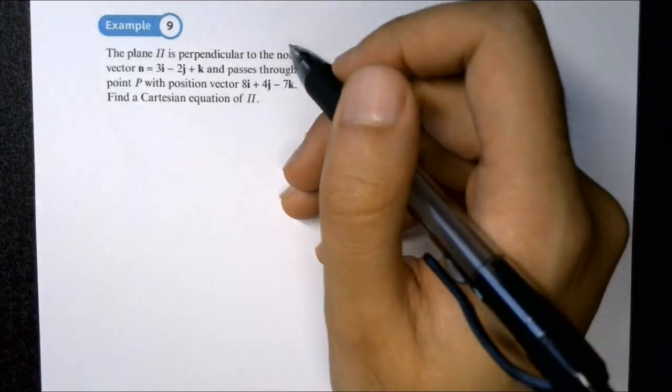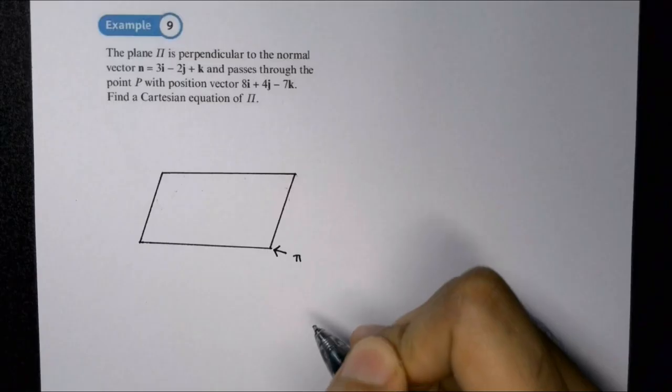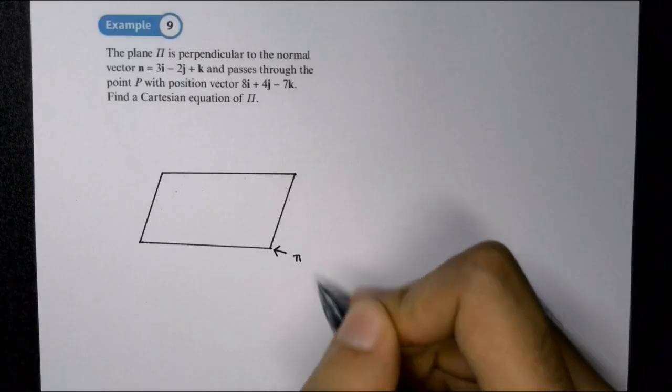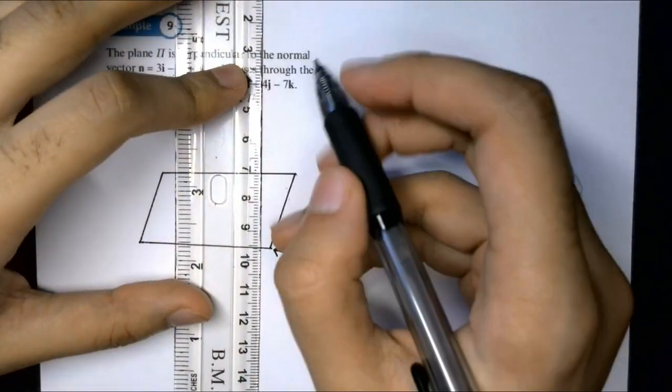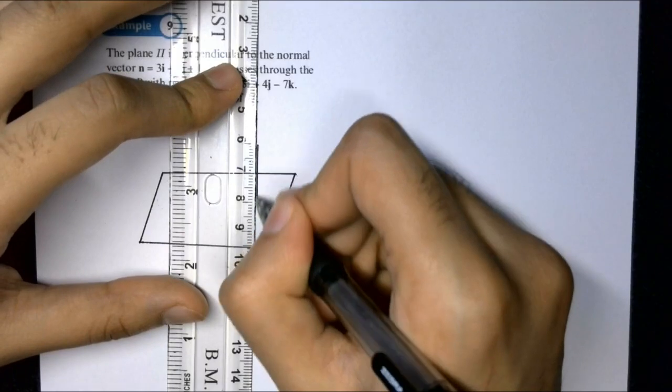First of all, let's draw the plane. We have the plane pi over here. Now we've got this normal vector to the plane, so let's just show that over here.